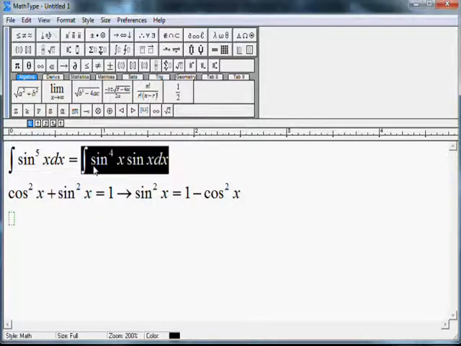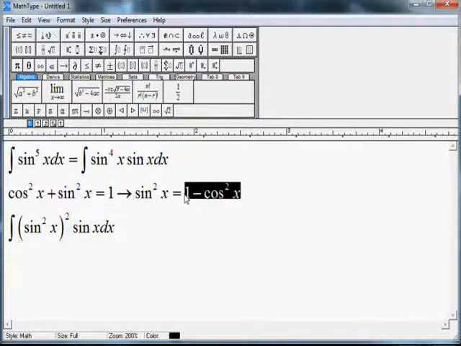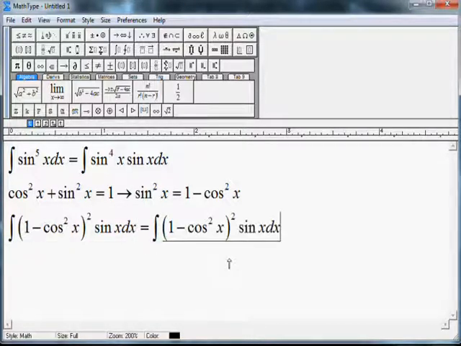Okay, so now we take this integral, and this is sine to the fourth, but that's no problem. We could just write this as sine squared, squared. But then sine squared is 1 minus cosine squared x. So put that in. From here we can expand.